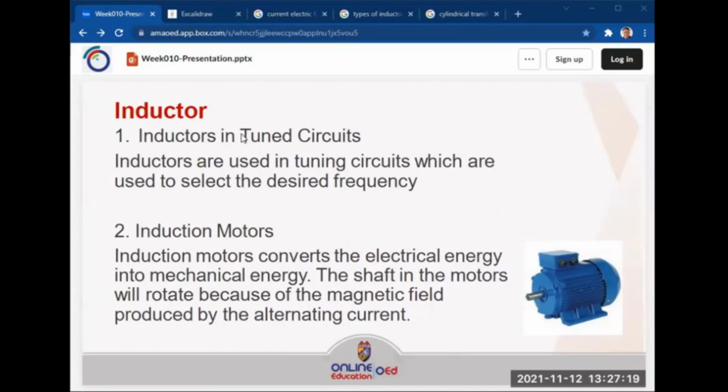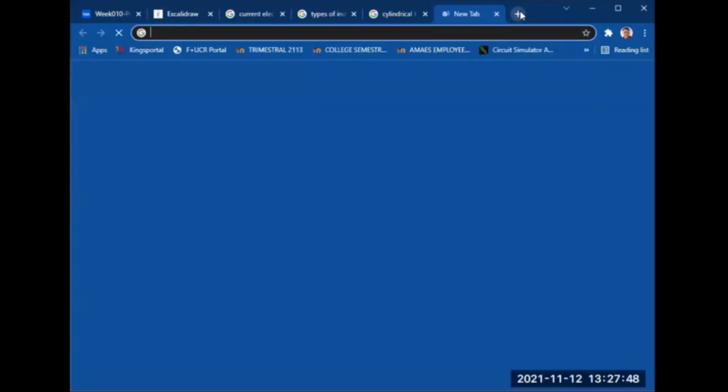Number two, induction motors. So induction motors convert the electrical energy into mechanical energy. So the shaft in the motors will rotate because of the magnetic field produced by the alternating current. Okay, so motors are made up of lots of wire wounds. Okay, so I'm pretty sure you let's see.